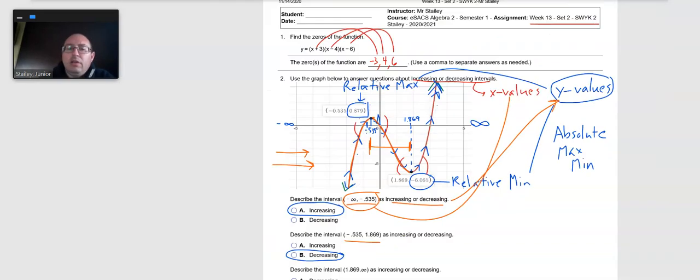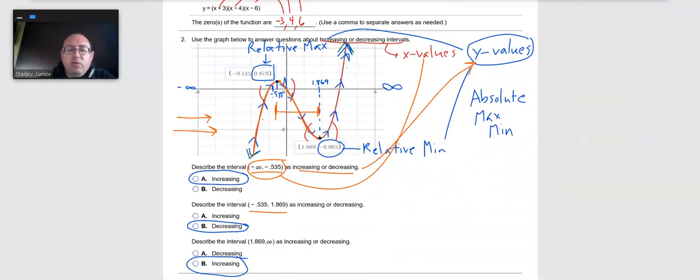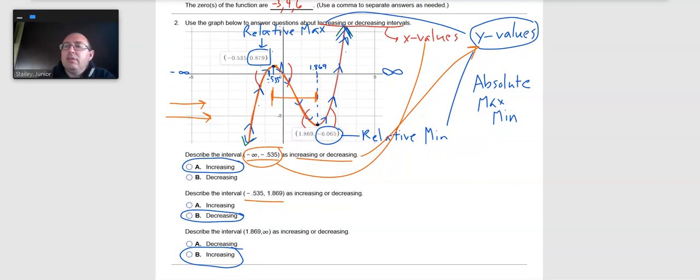Maybe I can shrink this down a little bit so I can get more of the question, even though it's a little bit too small. That would be this section of the graph, from here to there. It looks like we're going up and up and up. And that's exactly right. We are increasing.